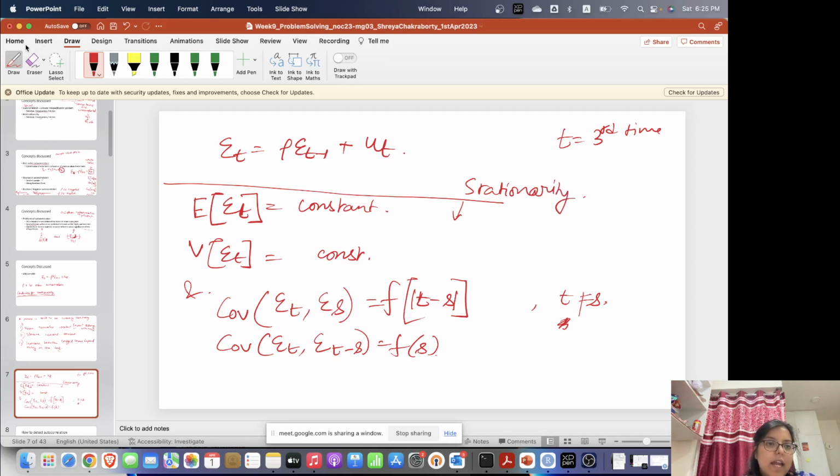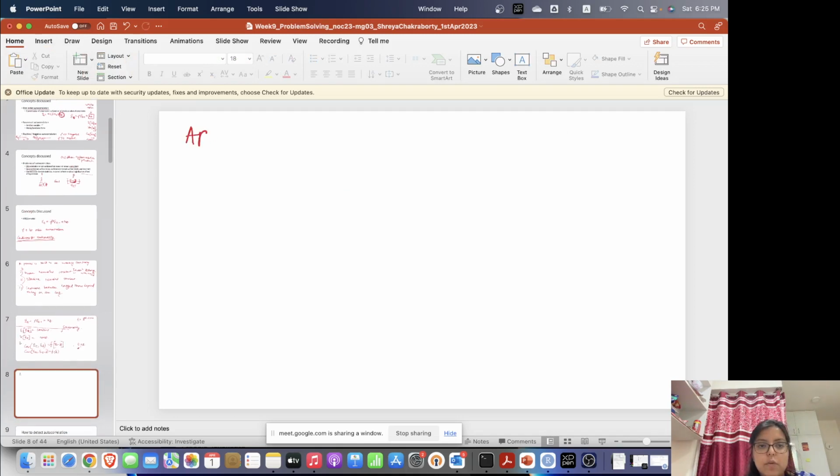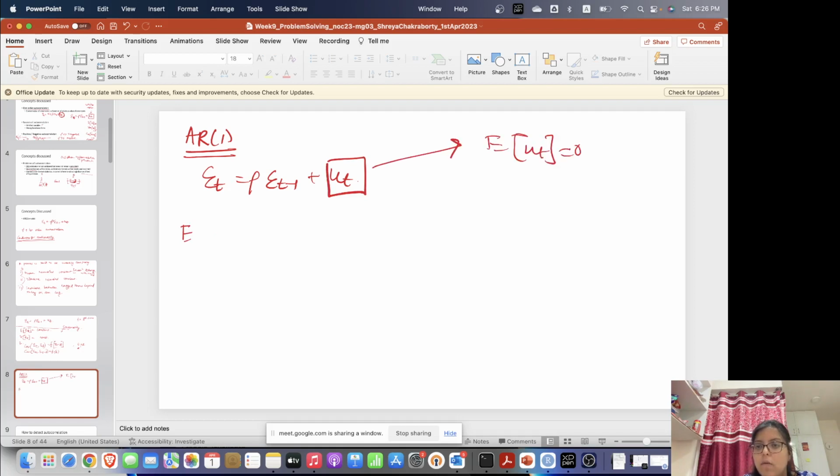Now if we have an AR1 model, in order to make it stationary, what conditions should we have? If this is an AR1 model, ut follows all the assumptions: the expectation of ut is 0, the variance of ut equals sigma u square, and the covariance of ut and us equals 0 for all t not equal to s.